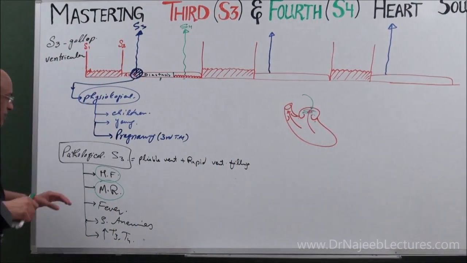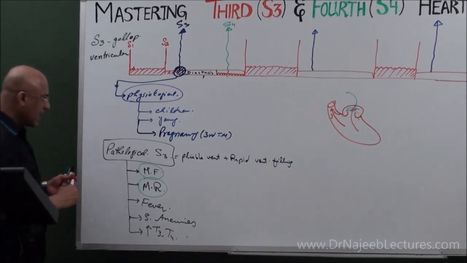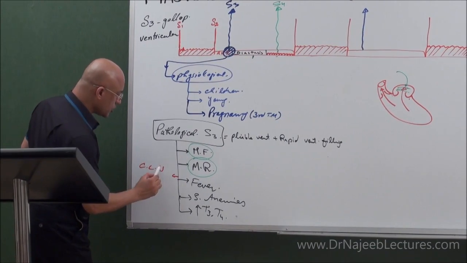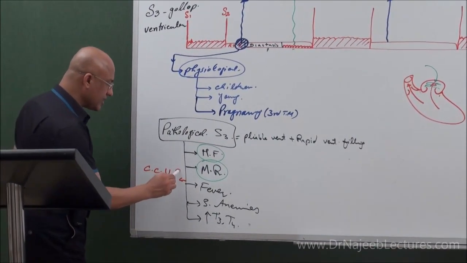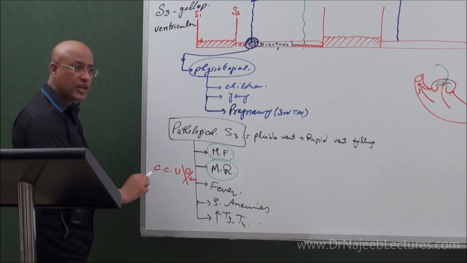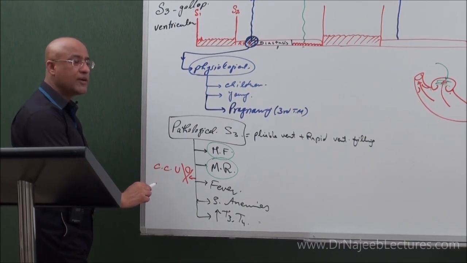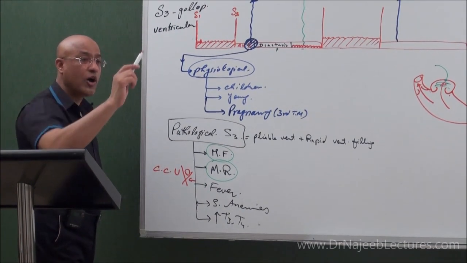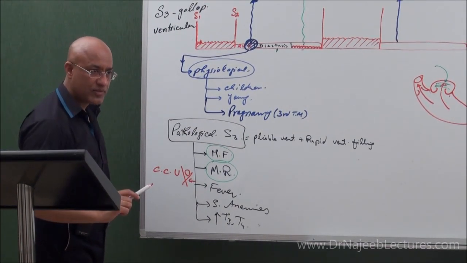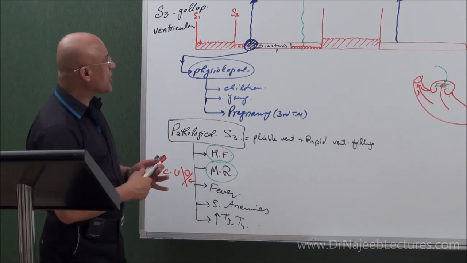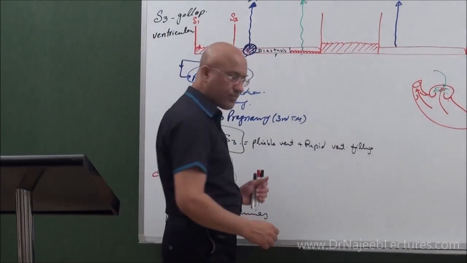So we say the presence of S3 in the coronary care unit is a dangerous sign, right? Especially in those patients who have crescendo angina, worsening angina, or a patient with recent MI. Am I clear? Now we come to the causes of S4.